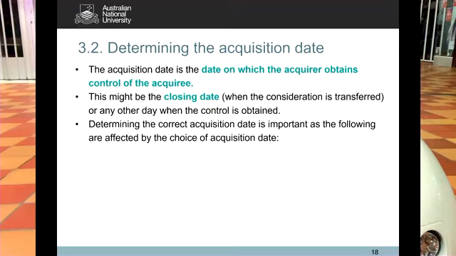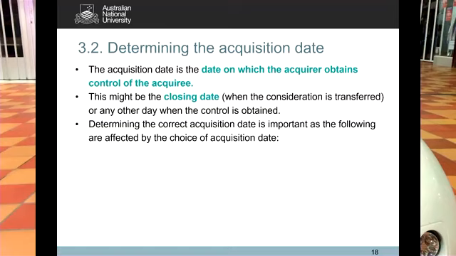For example, I am an acquirer, and you probably will be the acquiree, and I offer you some stock, some shares I have, in exchange for your shares to obtain your control. If I issue shares, the share price would vary a lot, and also your share price varies a lot. So to determine the fair value, maybe just 2 days will make a big difference for the share price, right?